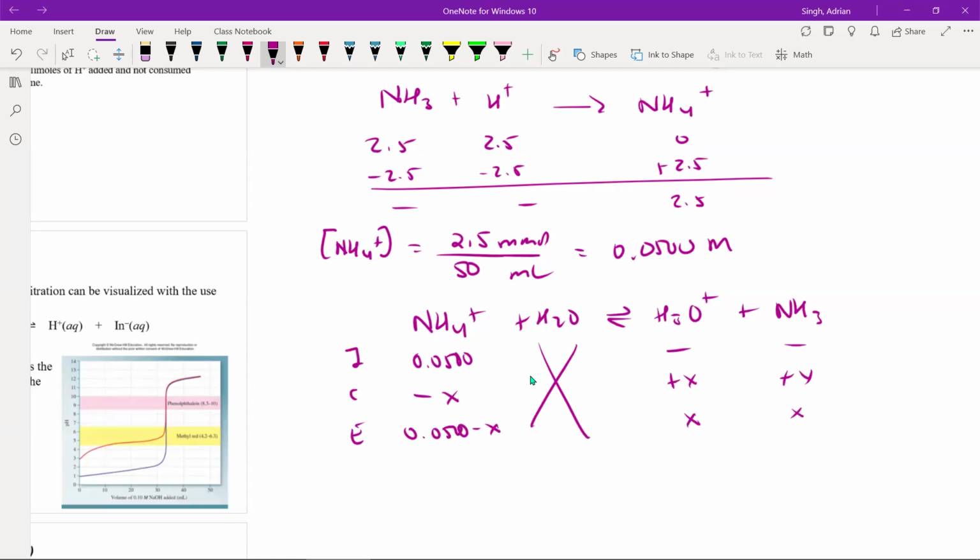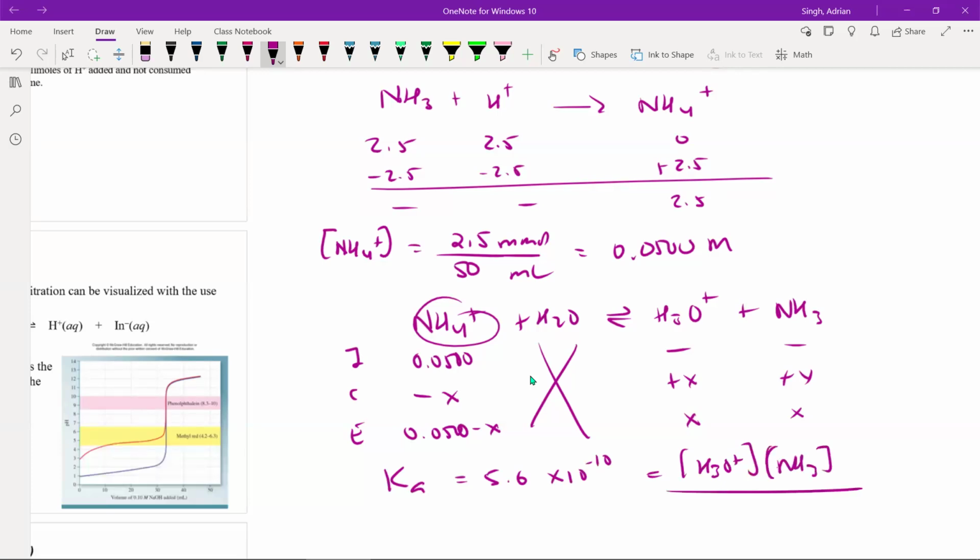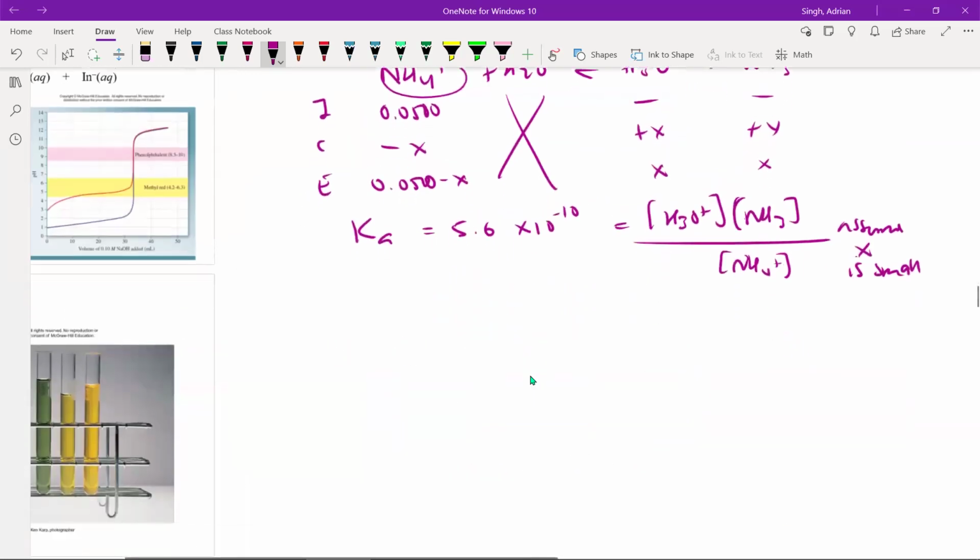And now we're going to solve for X, right? We have this acting as an acid, so the Ka for that, 5.6 times 10 to the minus 10, is equal to the H3O plus times the NH3 divided by the NH4 plus. Again, assume X is small to make the calculations easier.